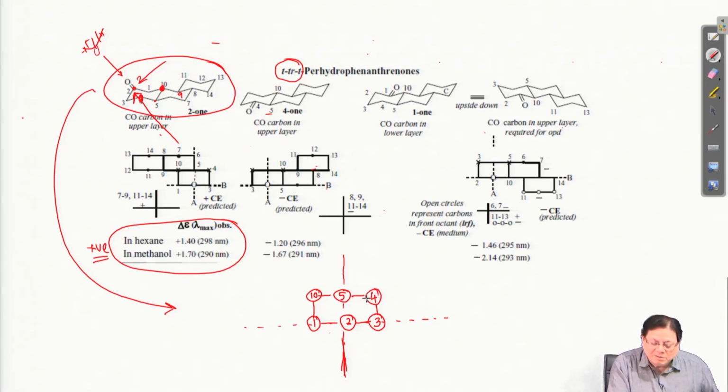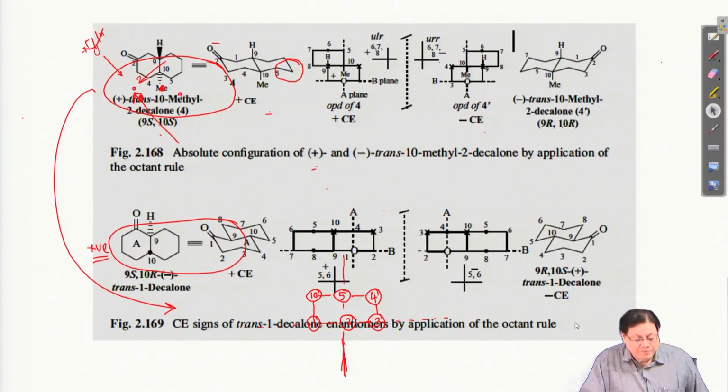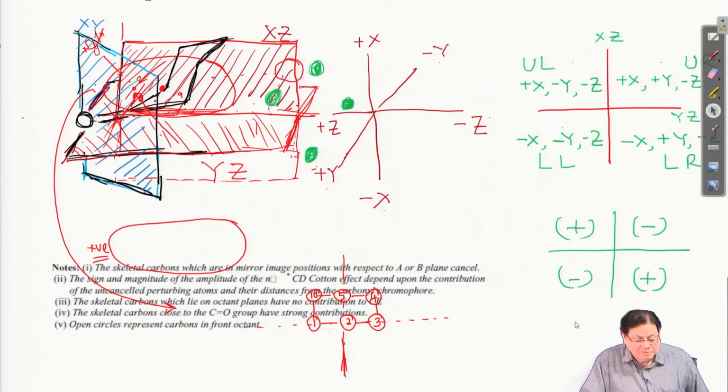The sign is determined by which octant the substituent occupies, as we have already said, but the extent of the contribution depends on how close it is to the chromophore. The greater the spatial closeness, the more it will contribute.